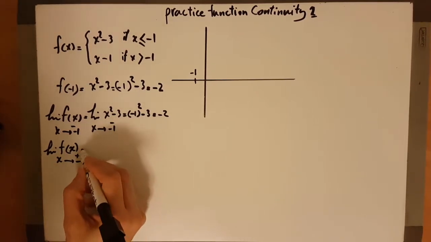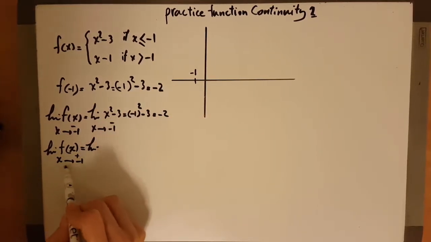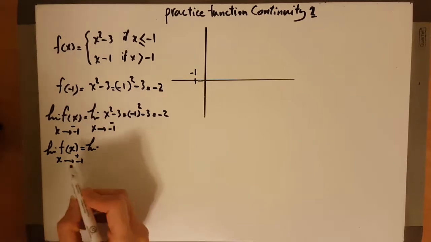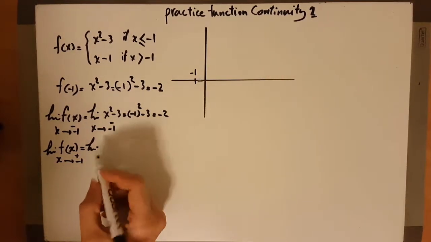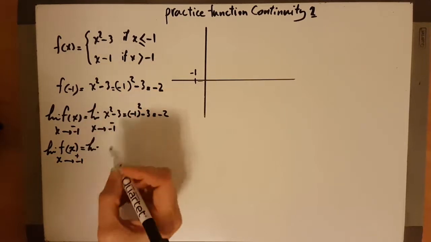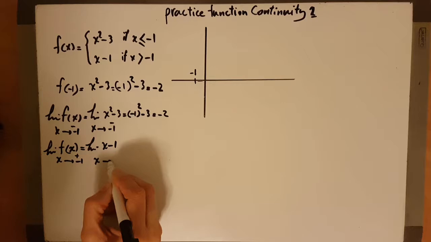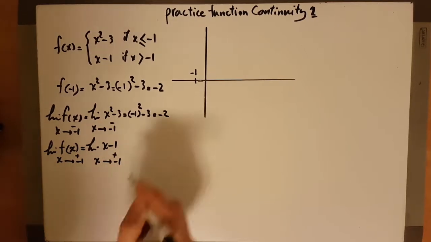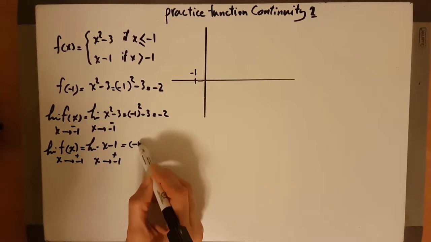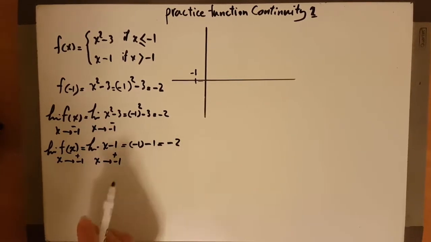If x is going to -1 from the right side, x is bigger than -1. Therefore we're dealing with x bigger than -1, so this function is involved: limit of x minus 1 when x goes to -1 from the right side, which will be -1 minus 1, which is -2.